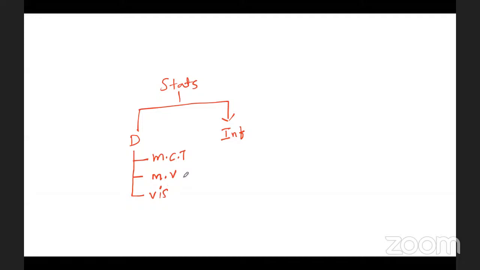Once we complete these things, then we'll move to inferential statistics. Until you hear about inferential statistics, you should assume that we are discussing descriptive statistics. These are the major parts of descriptive statistics. Once we complete this, then we'll move to this.